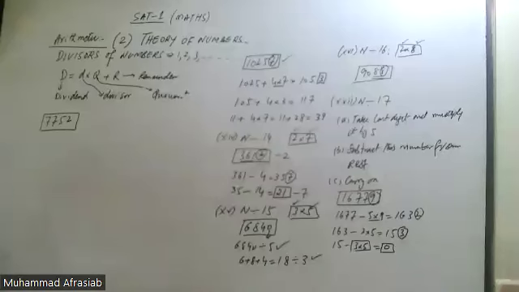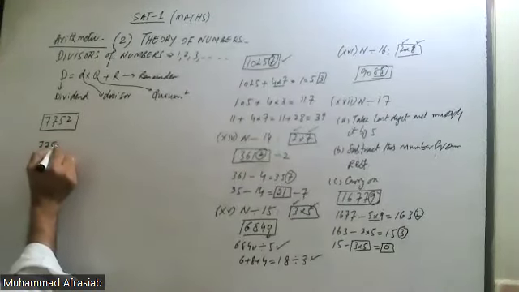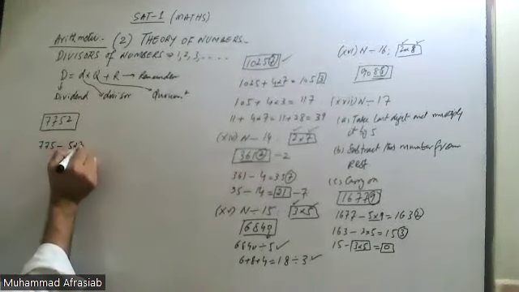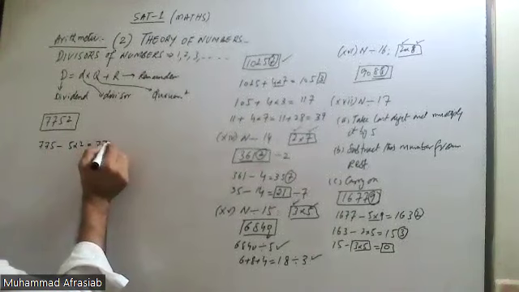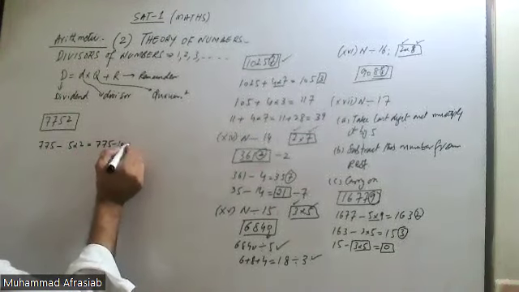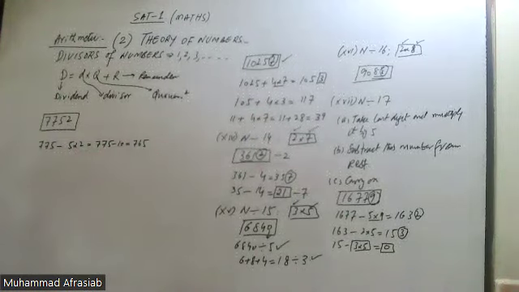7752. So we can write this thing as 775 minus 5 into 2. That thing is equal to 775 minus 10, and that thing is equal to 765.